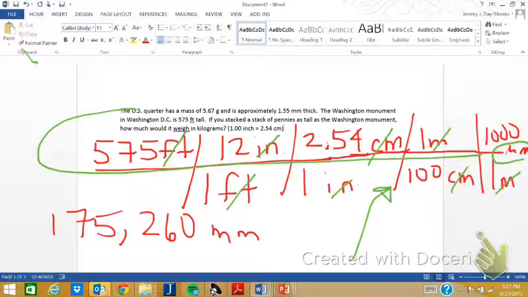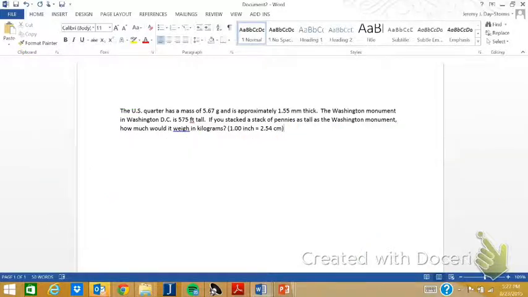Okay? So let's just write that down someplace else. I'm going to have to erase all these strokes. So we want to keep on the side here, we know it's 175,260 millimeters tall. So let's now figure out how many quarters will be in that.